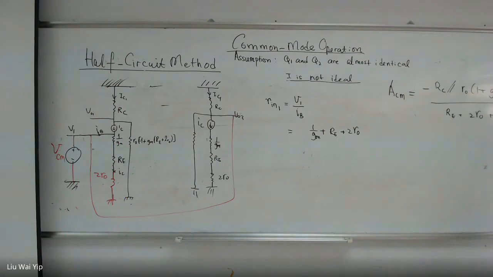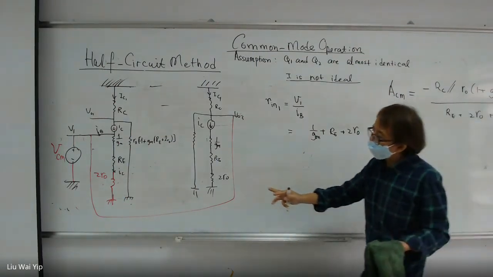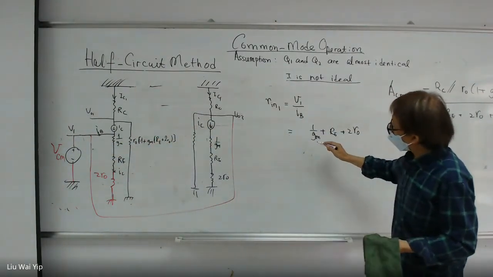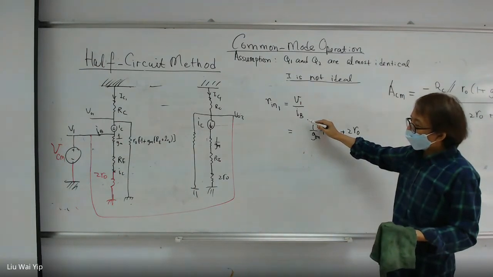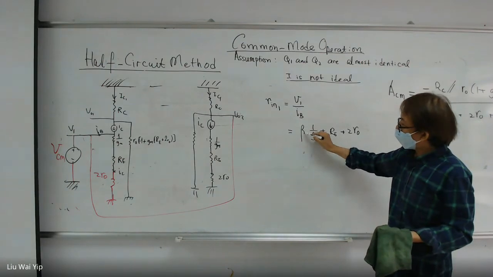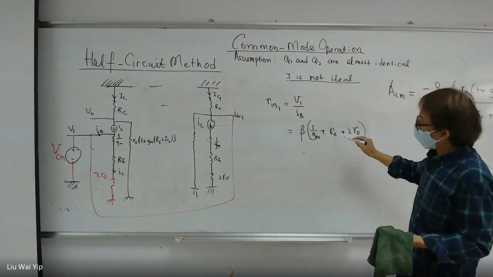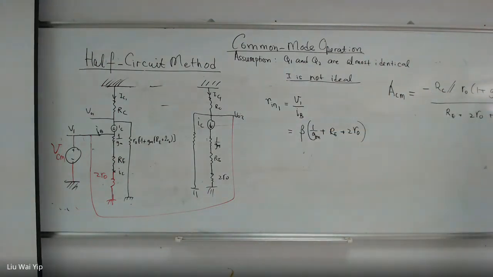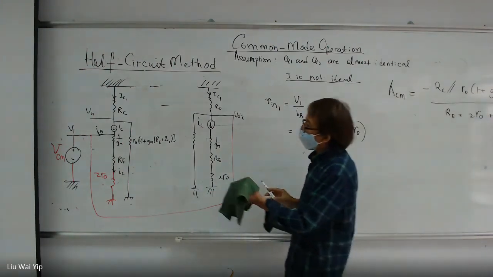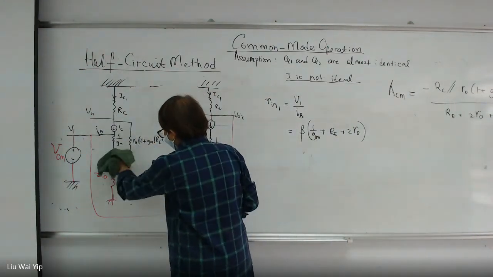We sum all of them together. But that's not enough, because you are now dealing with IB. So what you need to do is just multiply by beta. So this is your resistance for only the half circuit.